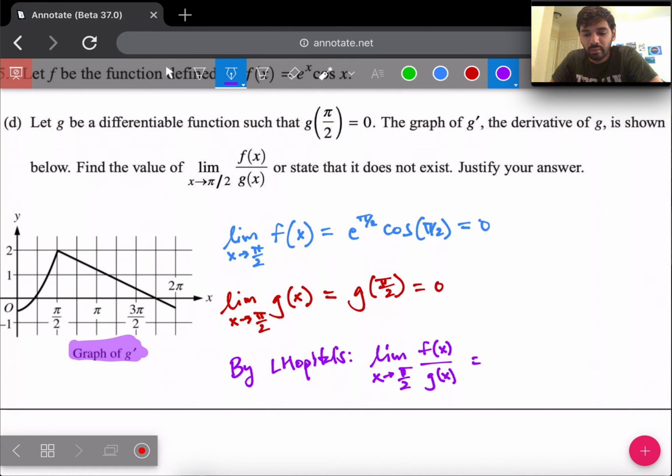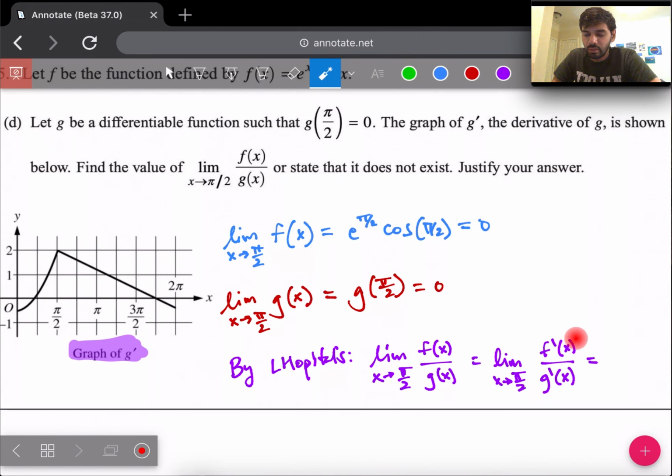So the key point here is make sure you still write this guy in, and then you write equals, and then in your next step you start deriving. The limit as x approaches pi over 2 of f prime of x over g prime of x is equal to.